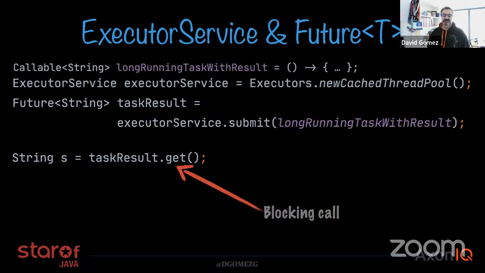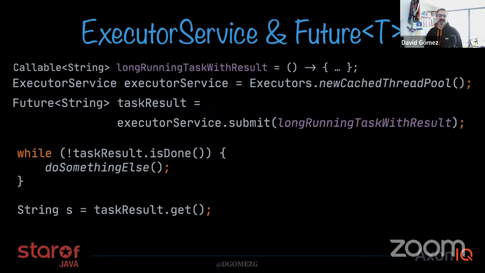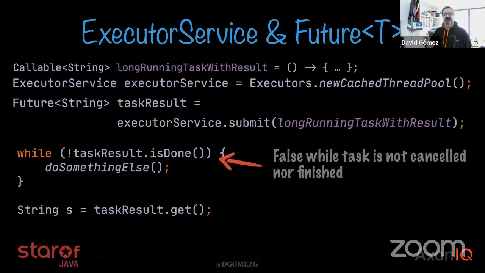It's going to make our client thread, the thread that submitted the task, sit and wait until the callable is executed by the worker thread inside the Executor Service. So this means that we are going to be waiting and wasting CPU cycles just waiting for the result. But the future also has another method, isDone, which allows us to know if the task has been resolved or not.